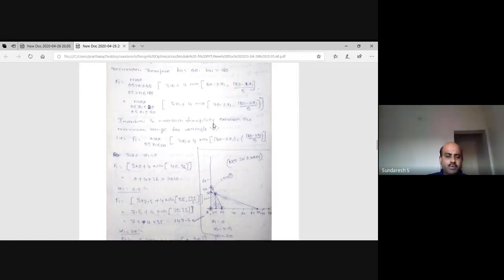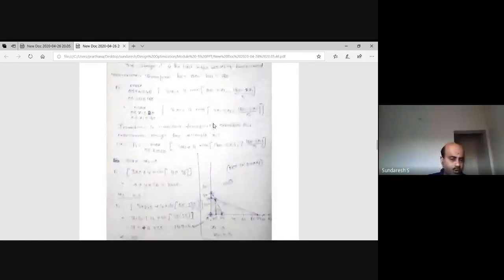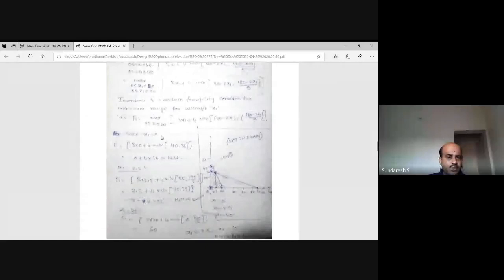So this is the problem we were solving. I want you to get the values of x1, starting by substituting x1 equal to 0. You can start solving this problem. It is a trial and error method. You have to substitute x1 equal to 0, x1 equal to 1, and keep trying values and get the value of f1.